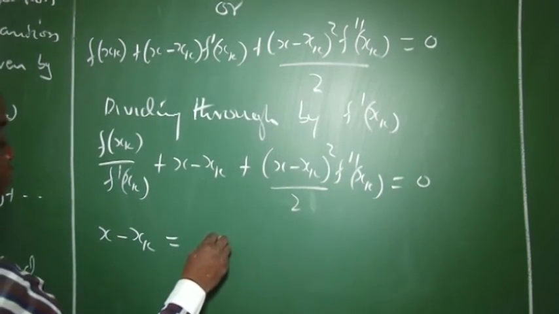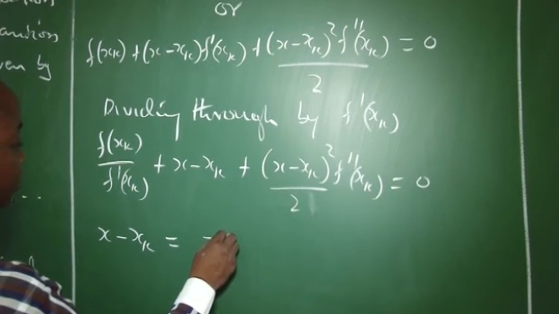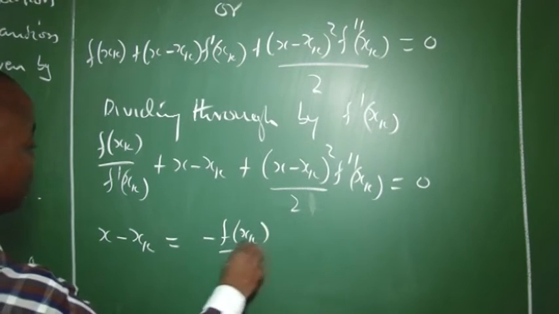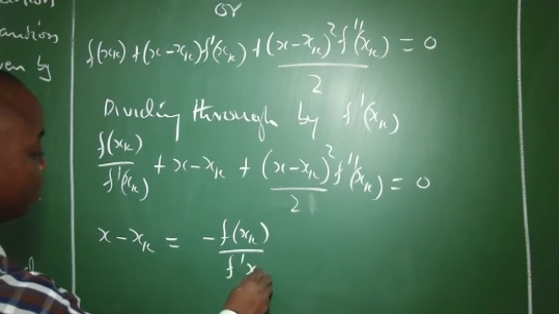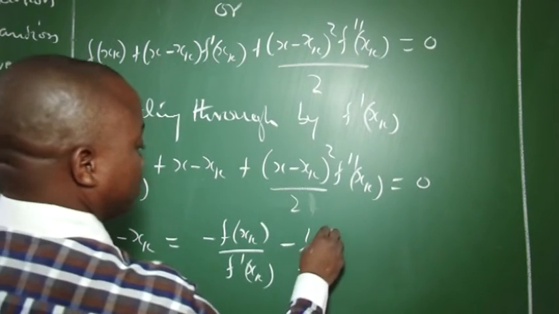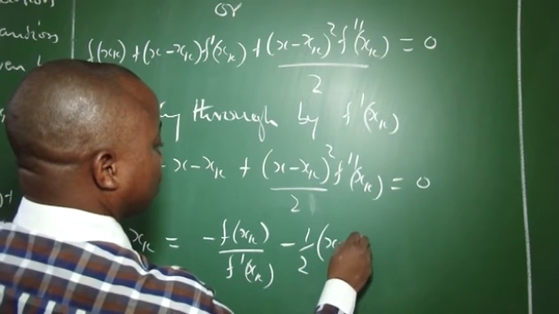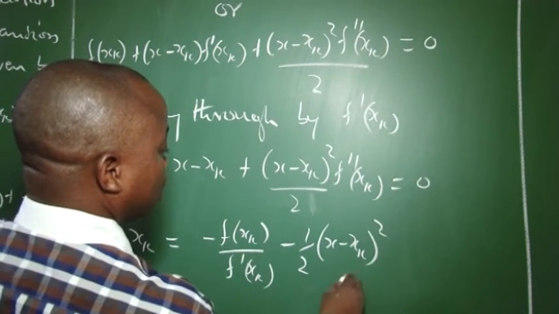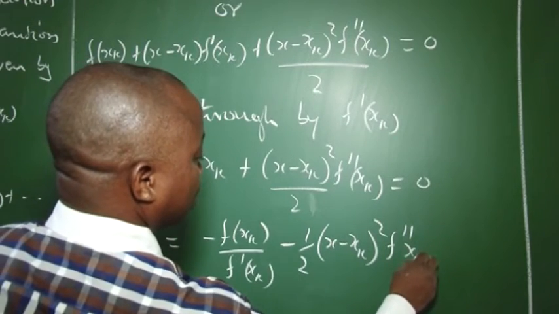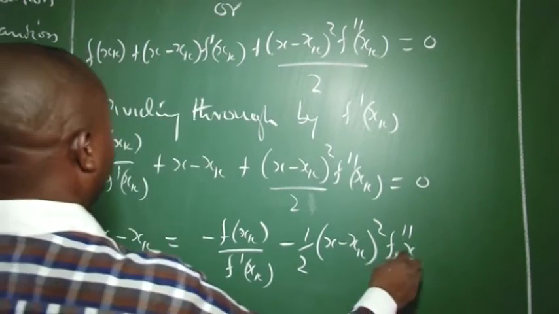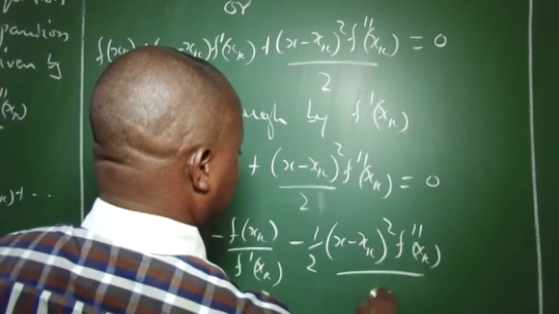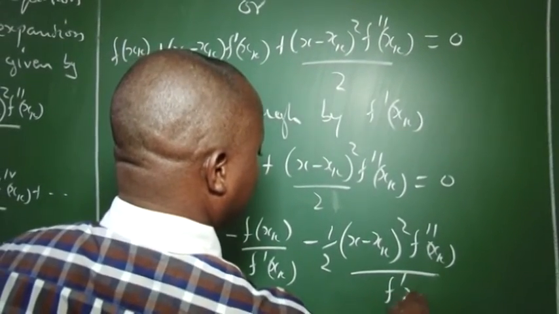If it goes that way, I will have minus f of xk over f prime of xk minus 1 over 2 (x minus xk) squared f double prime of xk over f prime of xk.